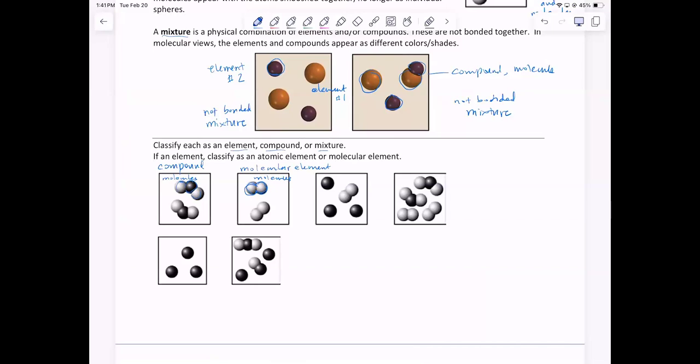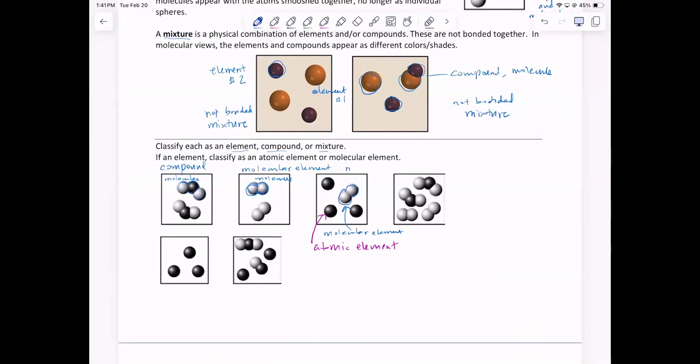Element is when you have one color. Here I've got this molecular element. And I also have this, which is an atomic element. Both of these are present and not bonded together, making this a mixture.